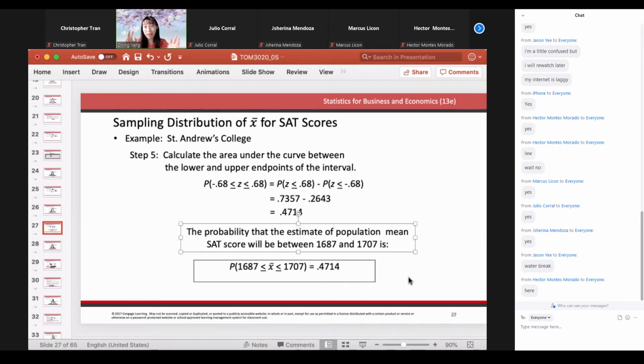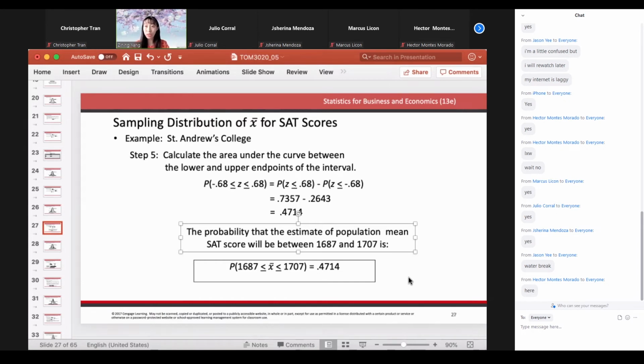We defined that plus or minus 10 points is close enough. That's our tolerance band. We wanted to see how confident our estimation can be if we just take a sample of 30 students, which is a very small sample, how confident we can be in estimating the population mean.